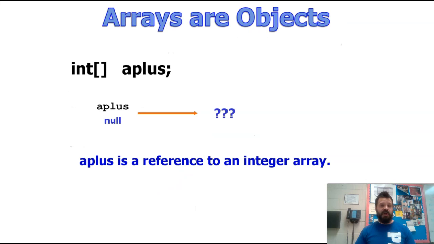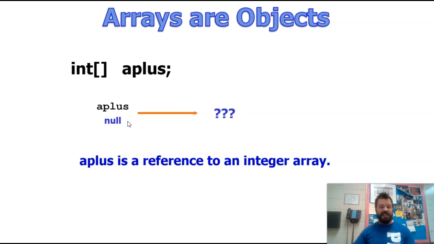Like we've already said, arrays are objects, so they work the same way as other Java objects do. For example, when it comes time to create an array, if I just declare it as int[] aPlus without setting it equal to anything, without instantiating it, that is going to create a reference to an integer array, aPlus.